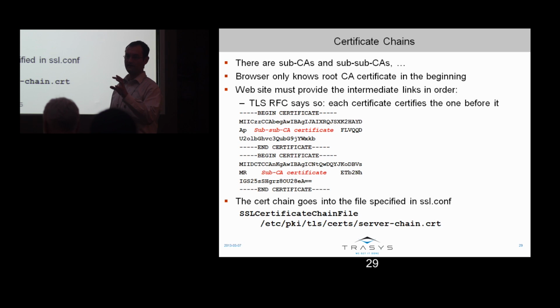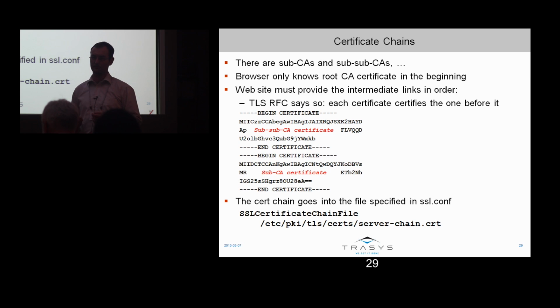So the root CA is there, and the website has its own certificate and knows where it got it from, and checked that the signature is correct by getting the certificate of the sub-CA. Now the TLS protocol says provide the whole chain of certificates from your site certificate all the way up, except perhaps for the root CA, because that's already in the browser. And if that's not in the browser, you have other problems.